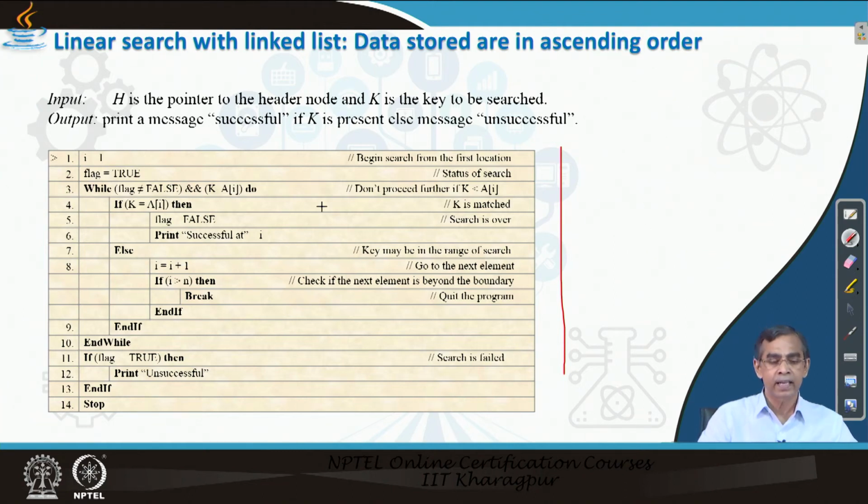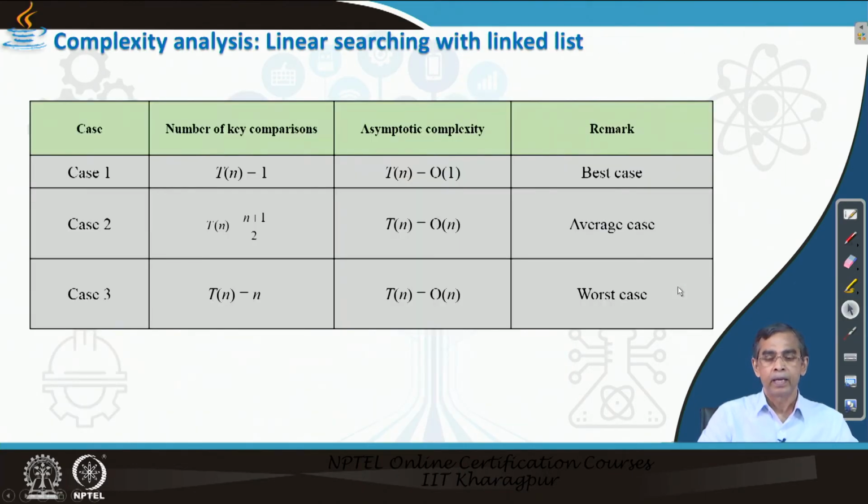This algorithm is in English-like sentences, not exactly Java syntax, but you will be able to easily convert it into Java. Writing a program for this is left as an exercise so that you can practice it. Now, here the time complexity is similar to the previous one.